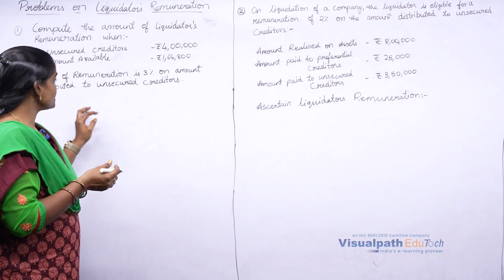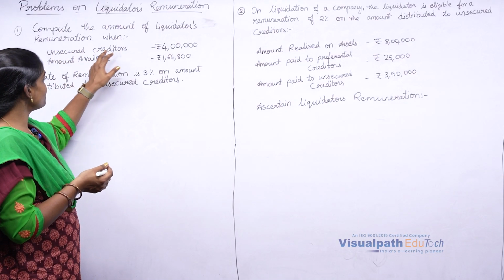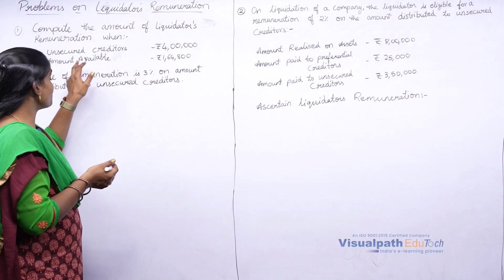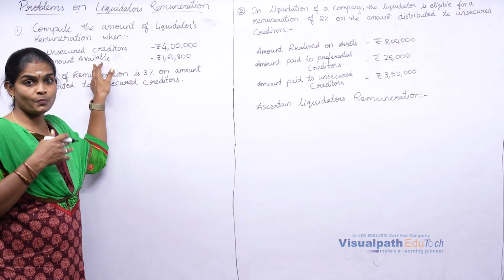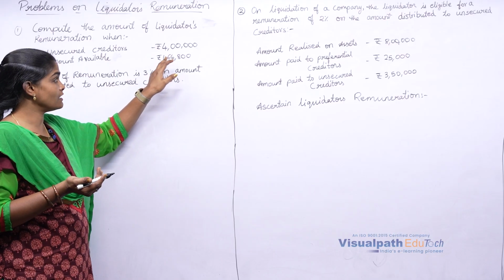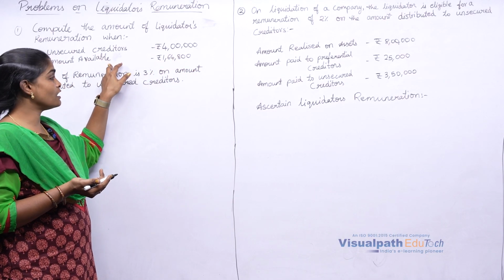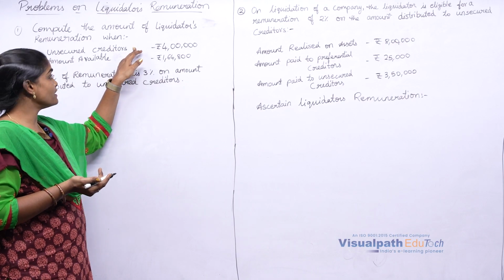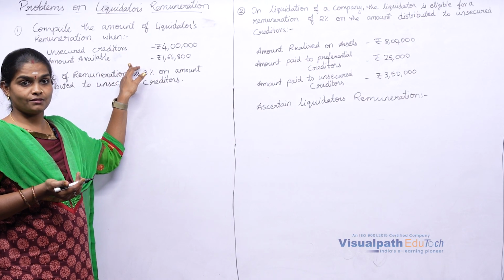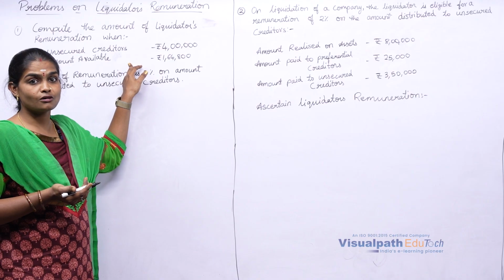Clear? So first here, unsecured creditors are 4 lakhs and the amount available with us to pay the creditors is only 1 lakh 64,800. Whenever the amount available is less than the creditors' amount, we say that the company is insolvent.